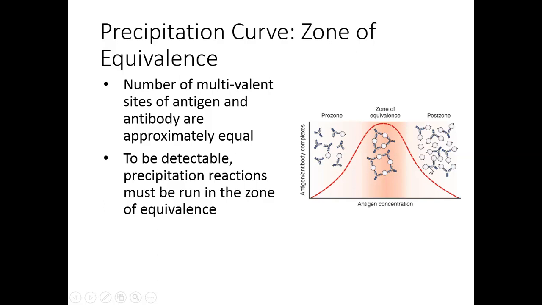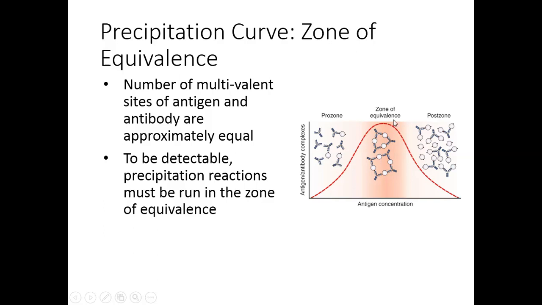We never get a point that we can cross-link and see that visualized agglutination or precipitation. So we have excess antibody in the prozone, excess antigen in the post zone. Did I just say post zone? I hope I did. The post zone is excess antigen.